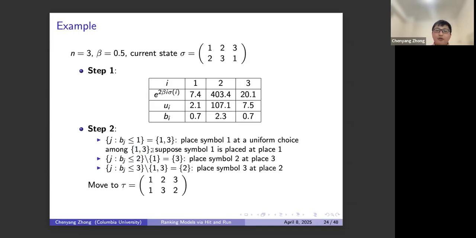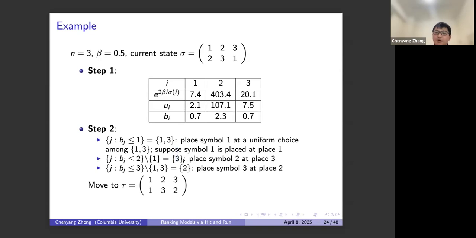And then we are going to make tau 1 equal to 1, as recorded here. And in the second step, we look at the locations j such that B_j is less than or equal to 2. So again, for now, only 1 and 3 satisfy the constraint, but we also need to delete the earlier selected location. 1 is selected earlier, so we delete 1 from the set of 1 and 3, which leaves us with the only choice of 3.